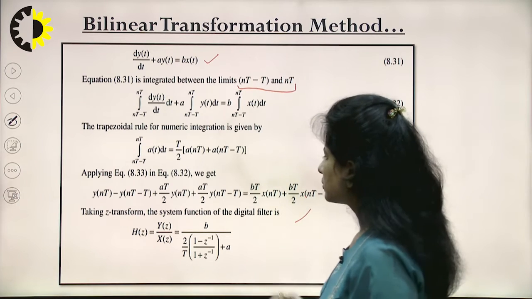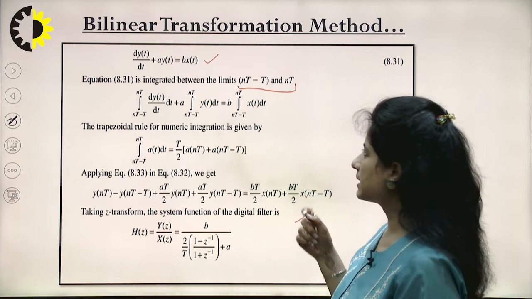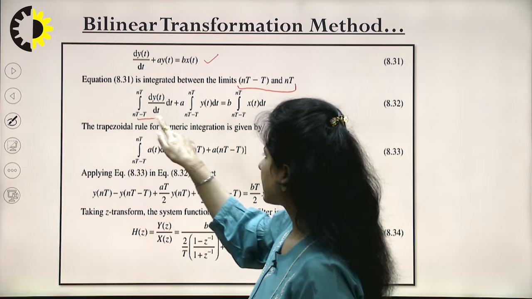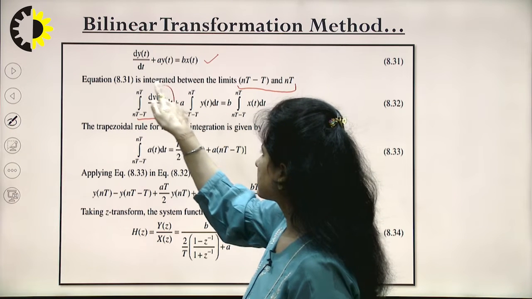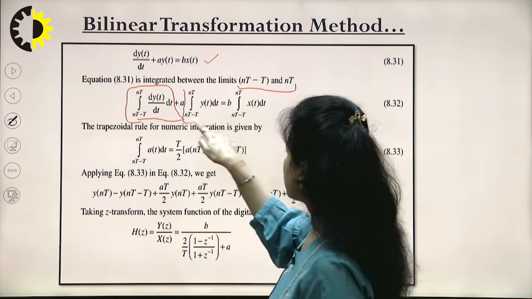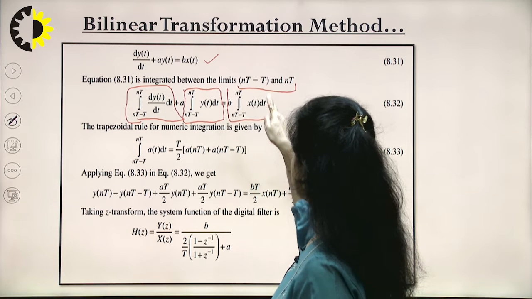That means I am using one sample period to integrate this transfer function which I have represented in the time domain. Looking at this equation as three parts, part 1 is a simple integration. Here I would have to apply a different form of integration for part 2 and part 3.